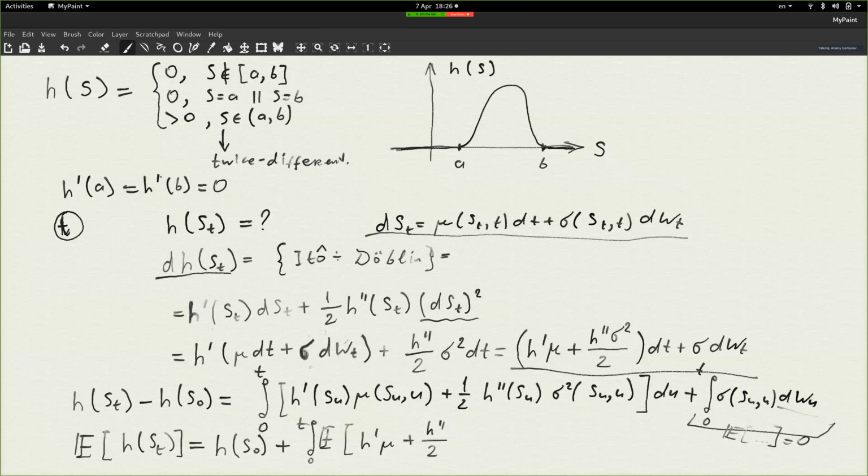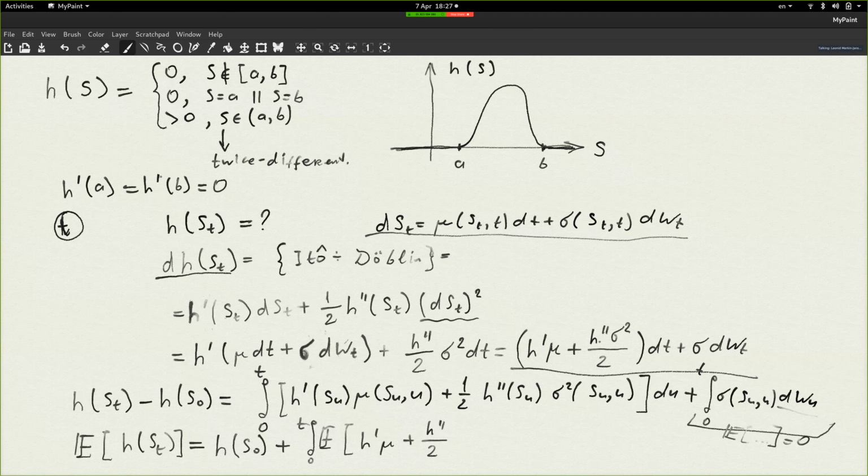H prime multiplied by mu dt plus sigma dWt, plus this is fine, sigma squared dt, equals, grouping together the terms with dt, H prime mu plus H double prime sigma squared half dt.